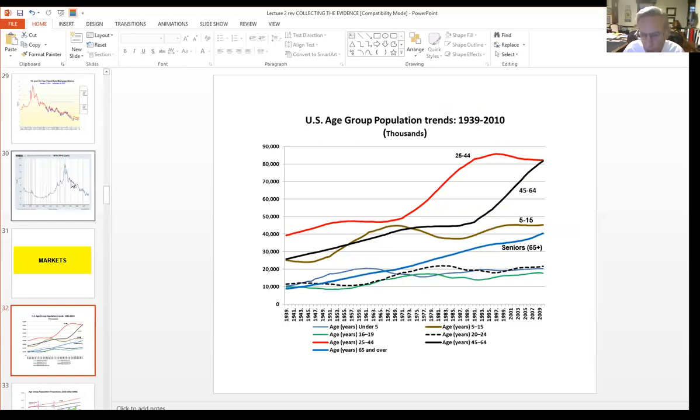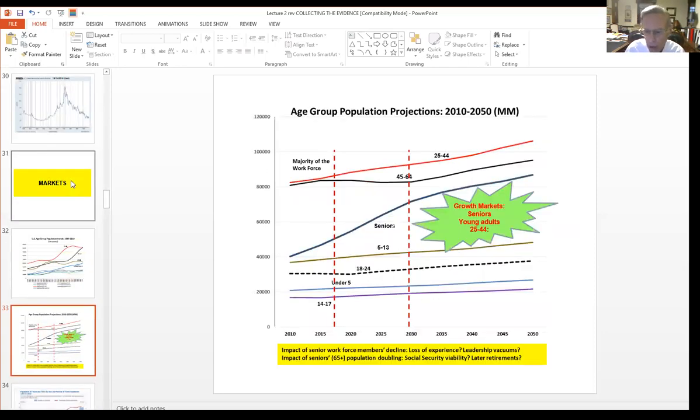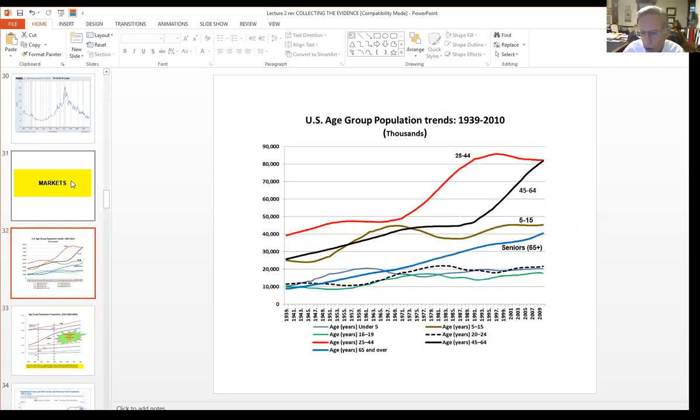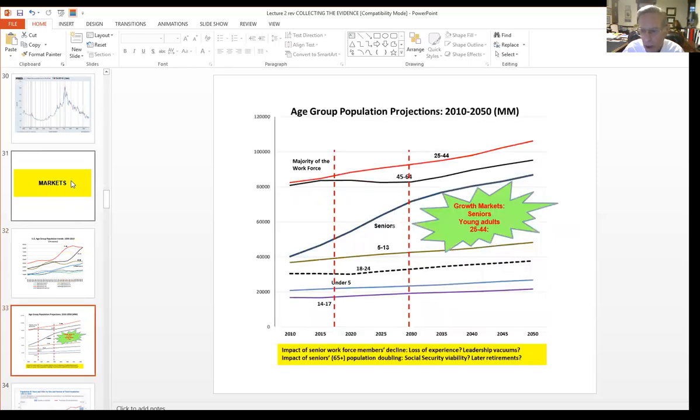Now, what's especially interesting is when we forecast the size of these age groups. And here's the forecast. Now, back here we saw the 45 to 64-year-old group as the fastest growing age group. Now, what do we see? The red vertical dotted lines are identified today on the left side and 2030 on the right side.